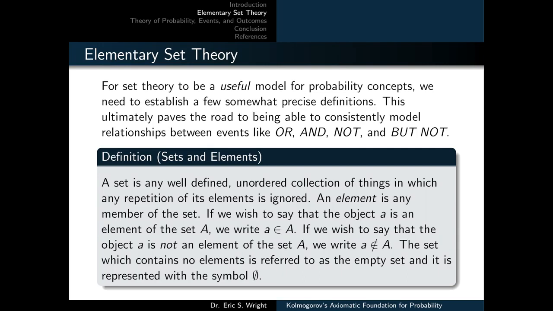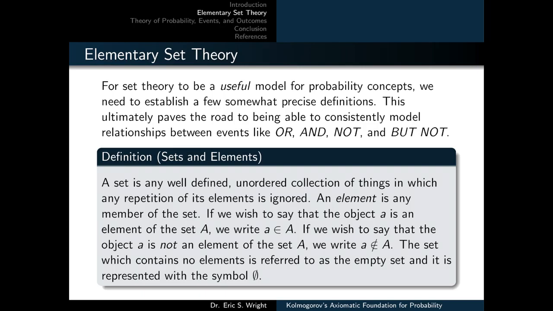If we wish to say that an object a is an element of the set capital A, we write lowercase a is an element of capital A, using the script E symbol to represent the element of relationship.